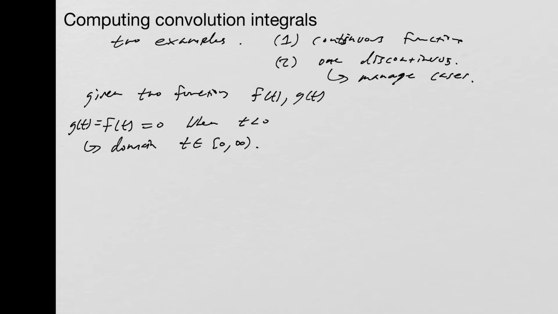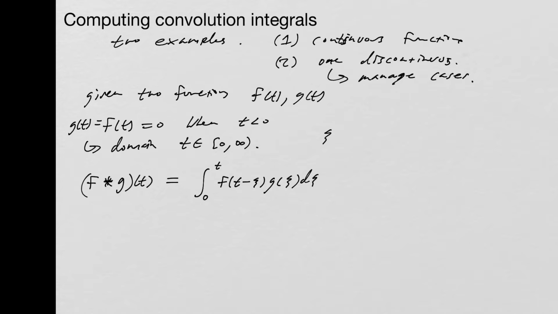So with that definition, we can say that f star g of t is going to be a new function built out of the original functions we had. That function is going to be defined as the integral from 0 to t of f of t minus xi times g of xi. I use xi, a Greek letter, to integrate over.